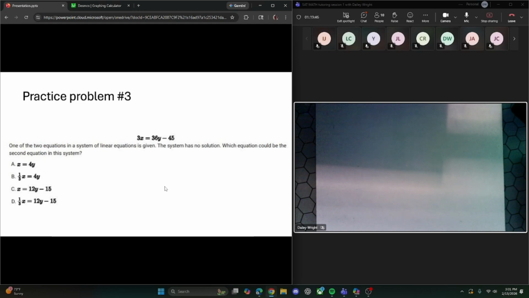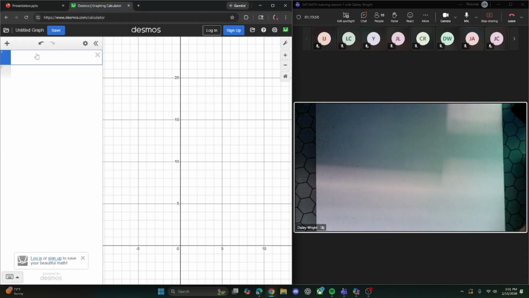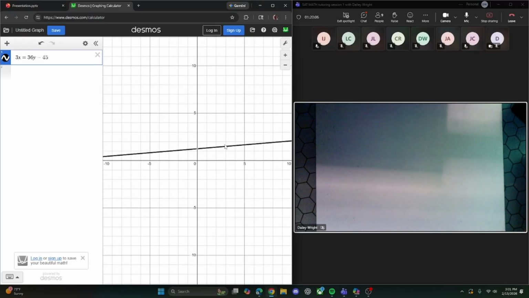One of the two equations in a system of linear equations is given. The system has no solution. Which equation could be the second equation in the system? Okay, so let's plug in 3x equals 36y minus 45. We know this is one of the equations in the system.